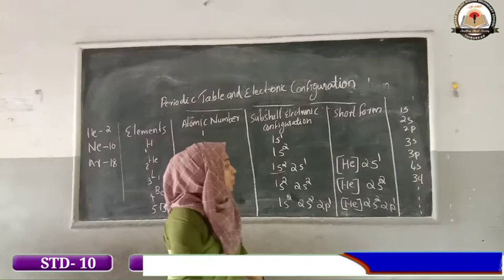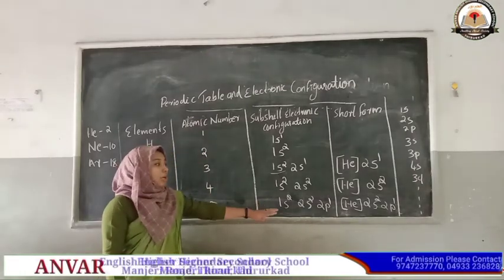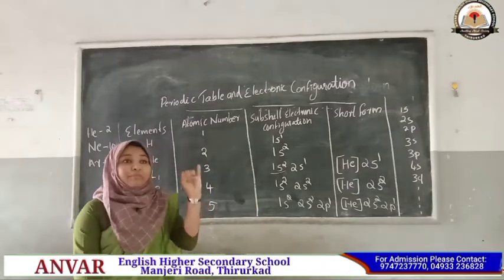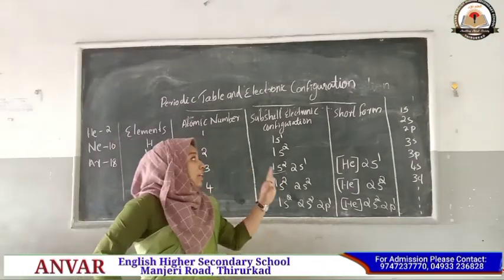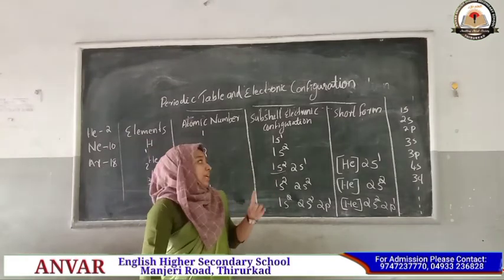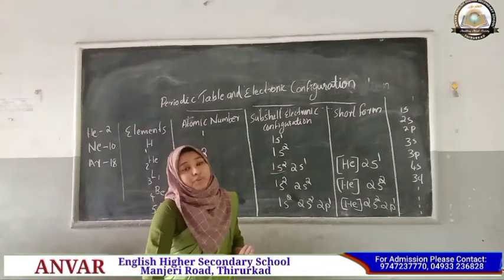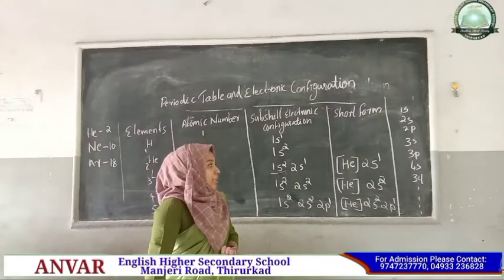This is the short form of subshell electronic configuration. We use helium, neon, argon and krypton, that means 18th group noble gases, for writing the short form.